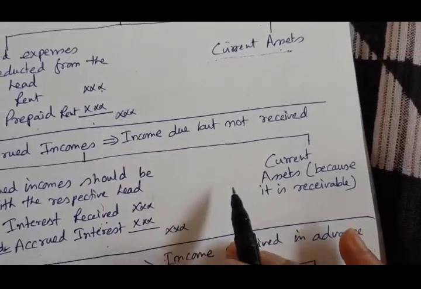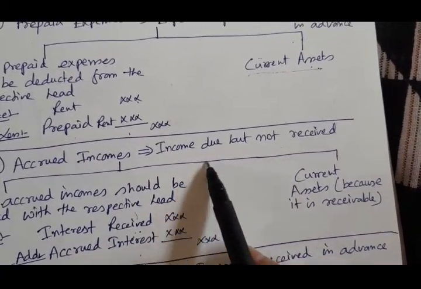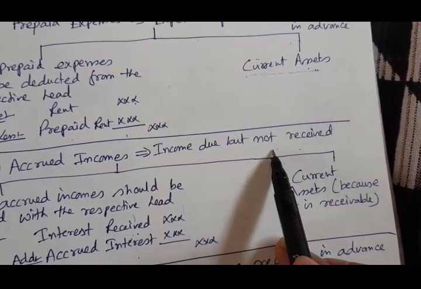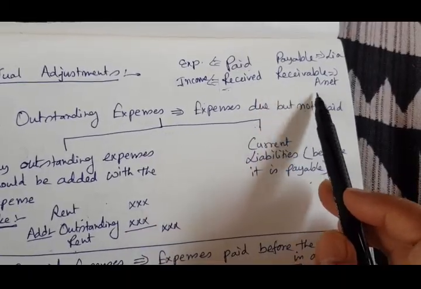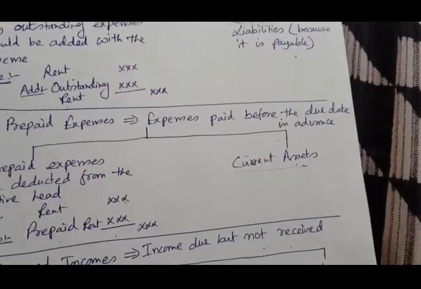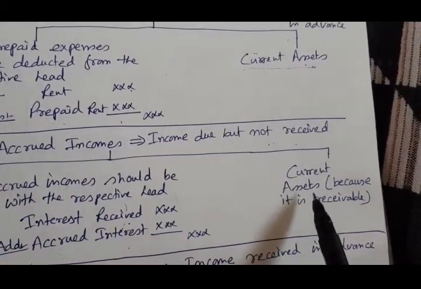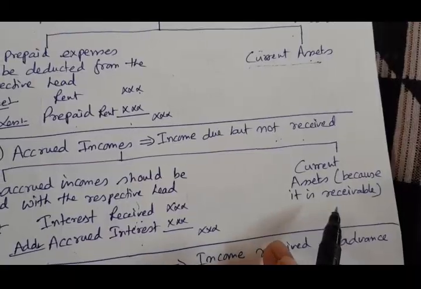Another thing is the status. We haven't received it yet, but we will receive it in future. Status is receivable, and I told you any receivable is your asset. So this accrued income is considered to be your current asset because the status is receivable.